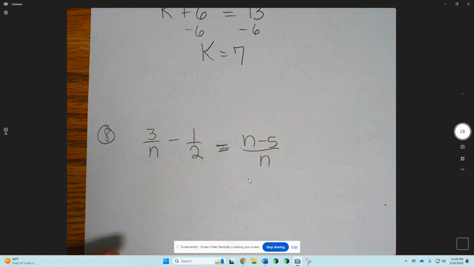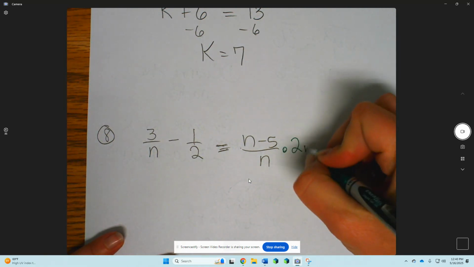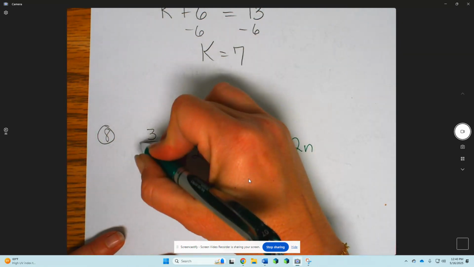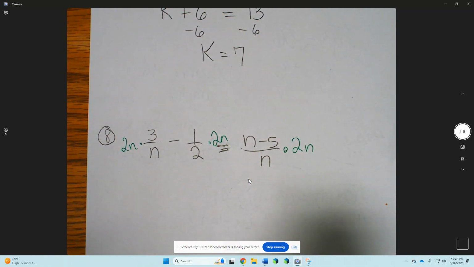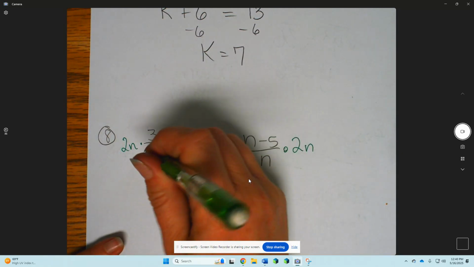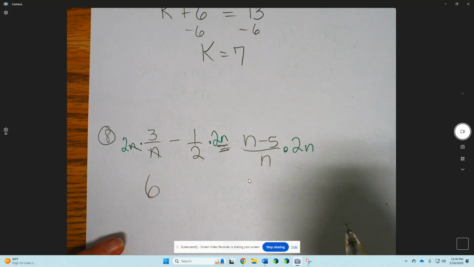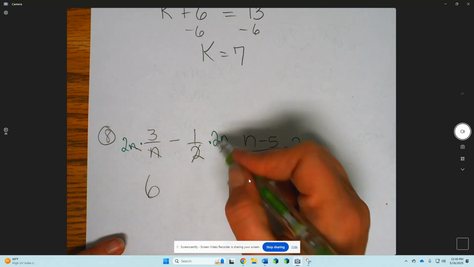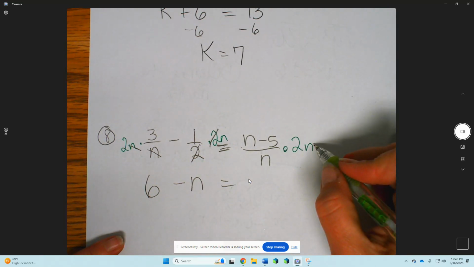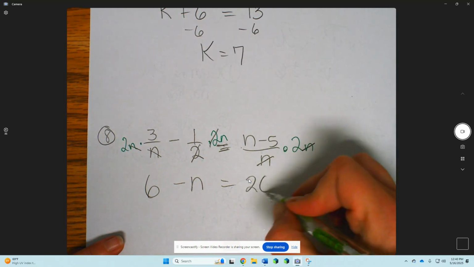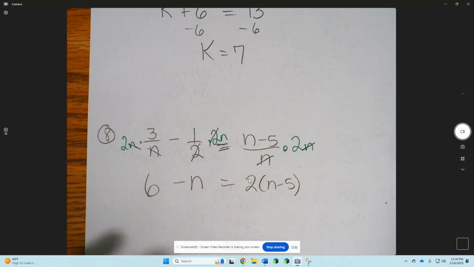All right, ready? Last one I'm going to do with you. 2n. All right. N cancels. 2 times 3 is 6. 2 cancels. Minus n. Just the n cancels. 2 times n minus 5.